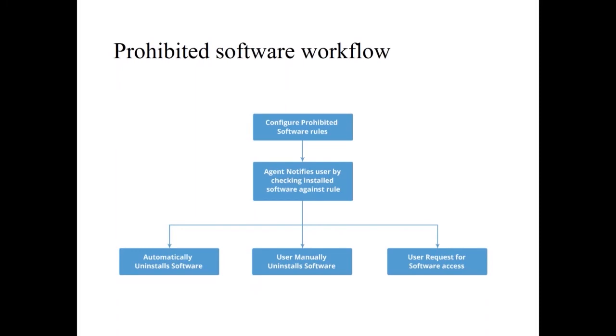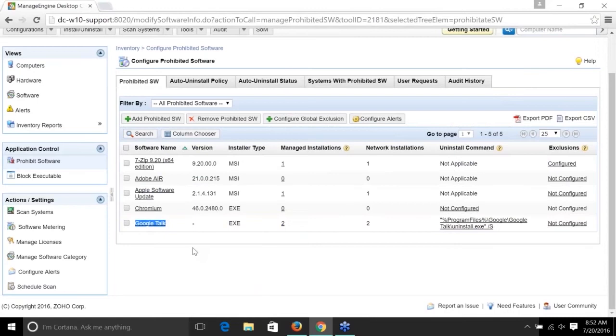Going back to the product, now I have blocked Google Talk, and that application is present, and this will notify the users. And if I further want to uninstall Google Talk, I would also need to fill in the uninstall command.